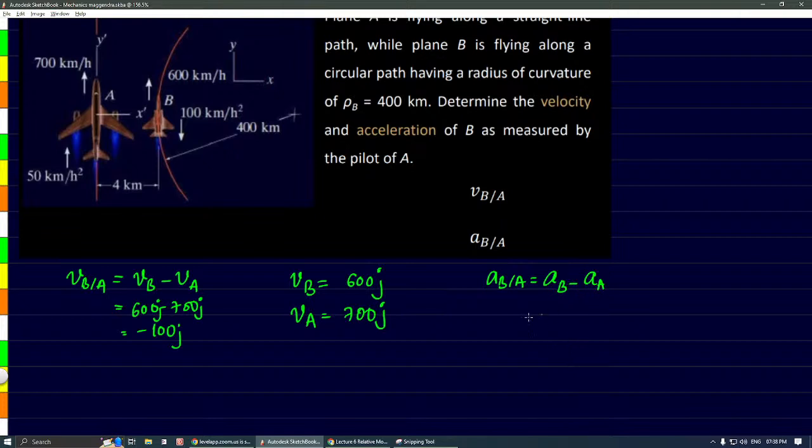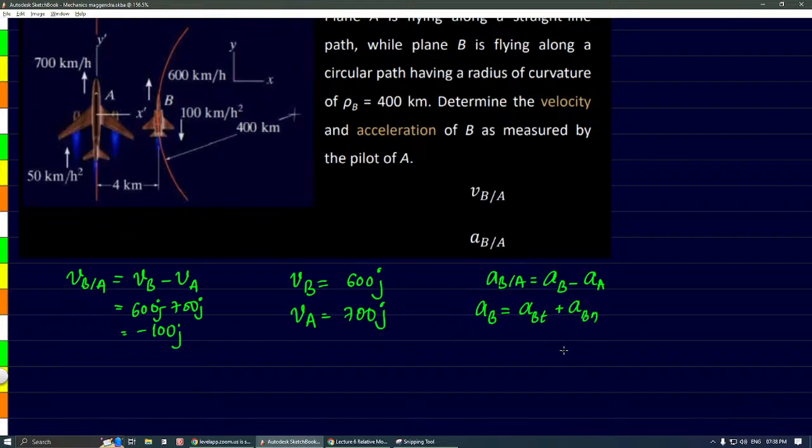And accelerations are not simple. So when you want acceleration of B, it will be a combination of two accelerations, right? Tangential acceleration plus normal acceleration.